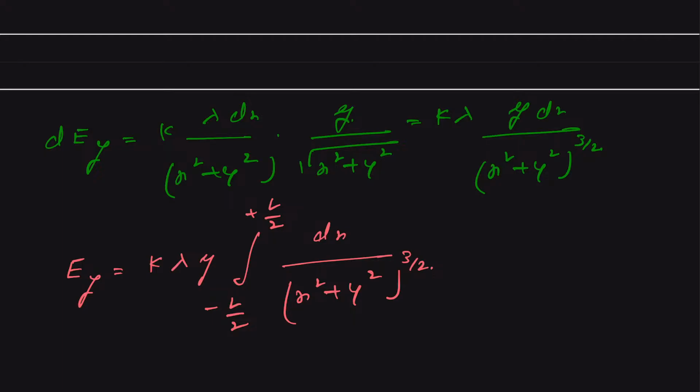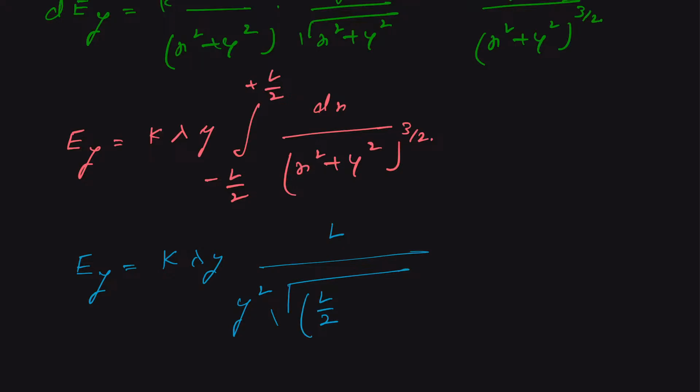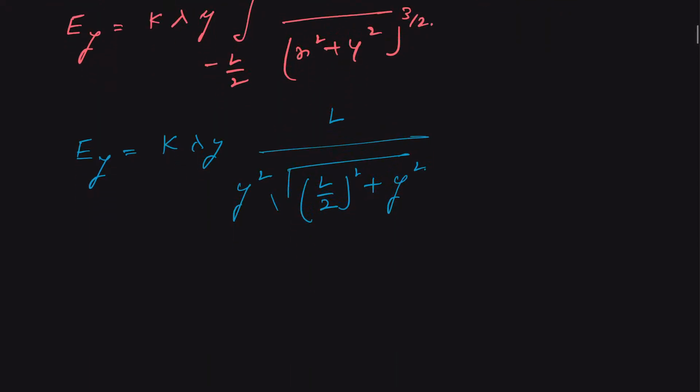And this integral, if we solve it, we are going to get E of y equal to k lambda y, and this comes as L over y square times the square root of (L/2) whole square plus y square. Okay, so this is the net electric field at B in y direction.